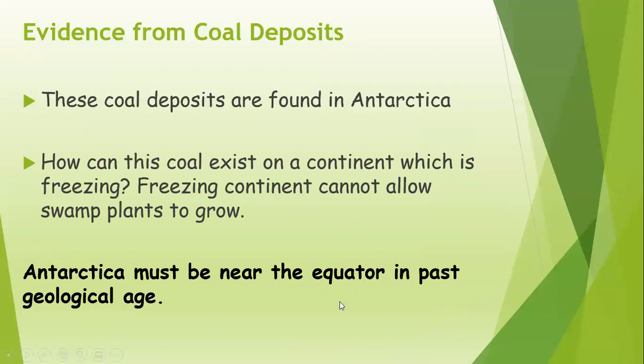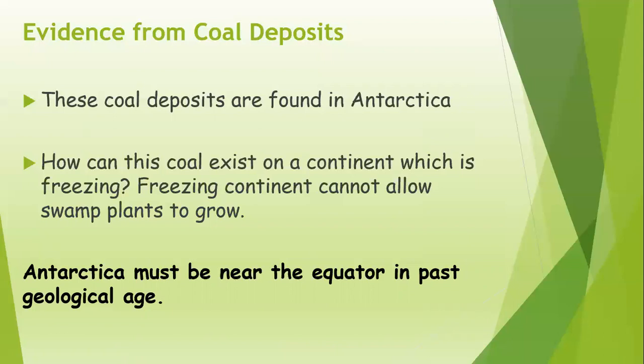If we have bituminous coal in Antarctica, made from a plant which can only exist in a warm, wet climate, that means Antarctica had a different type of climate before. And in order to have a different climate, Antarctica's location on the Earth map must be somewhere else, somewhere close to the equator, because near the equator you have more sunshine, right?